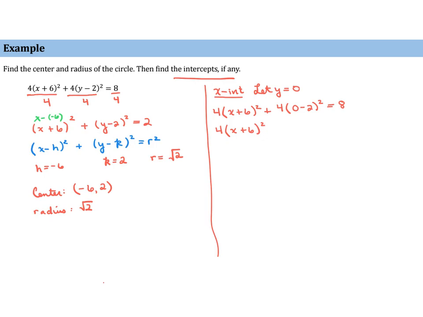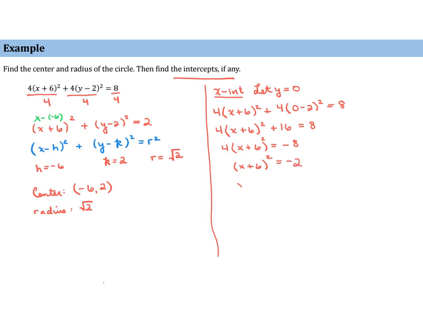Now, negative 2, quantity squared is 4, so this will be plus 16 equals 8. We can subtract 16 from both sides. And then we can divide by 4. Oh, I forgot my squared. So this will be negative 2.